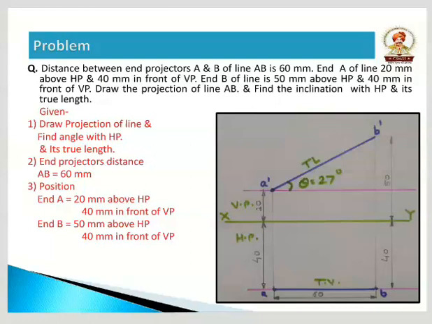In the next slide, the stepwise procedure is given for how to solve the problem. First step, draw the XY line. VP is above XY line and HP is below XY line.